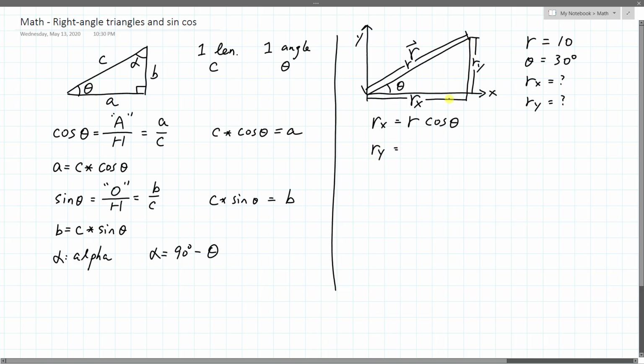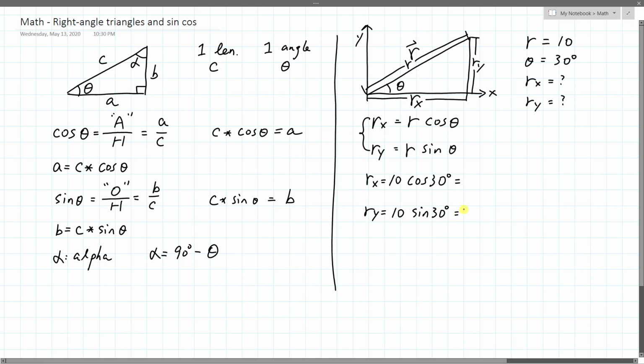Ry is this vertical one, and that compares to B. So B is equal to the hypotenuse times sine, so Ry is R sine theta. We'll be using this formally in vectors, but for now we'll just use them for this problem. So this Rx is 10 times cosine 30 degrees. We'll leave that, we'll calculate it with our calculator. And Ry is equal to 10 times sine 30 degrees.